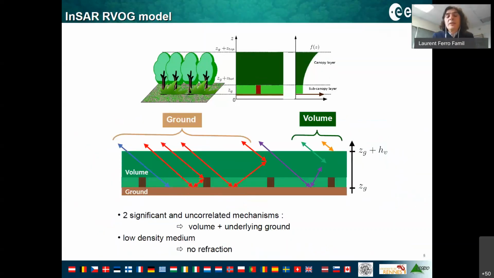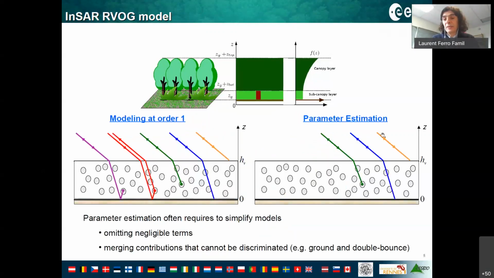Over forested areas, the interpretation we have in terms of single, double bounce and propagation is slightly different. Of course, we have a low density medium, so we have no refraction. You may have refraction when you look at ice or snow, not forest. And basically, if you go back here, at the end we may have a reflection from the canopy top, but this reflection will not be very strong.